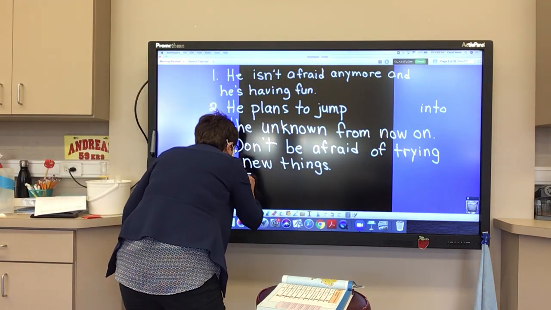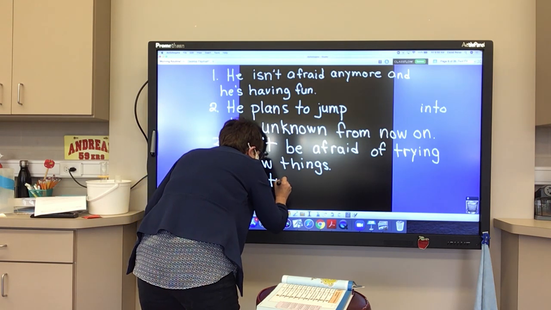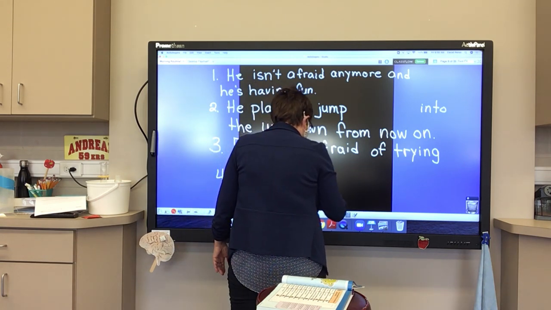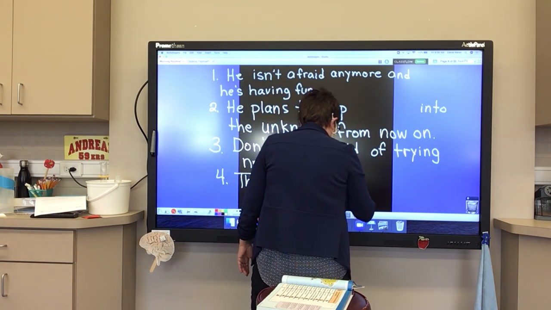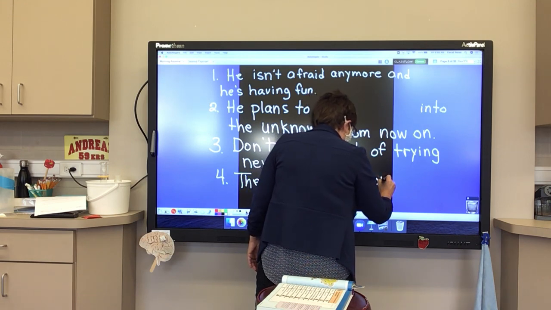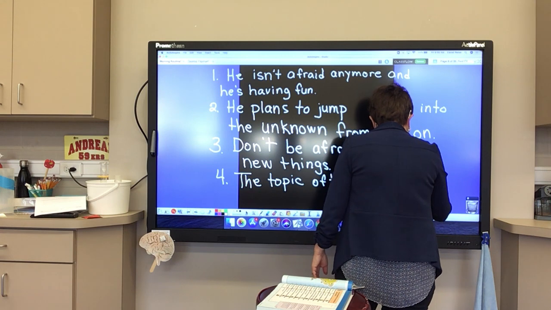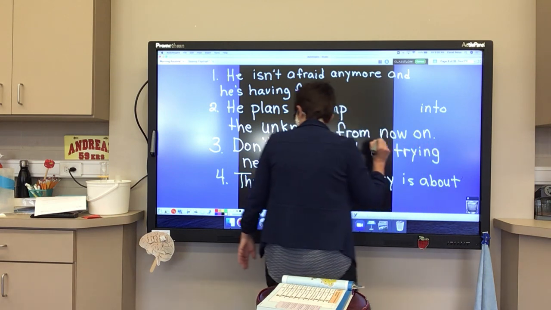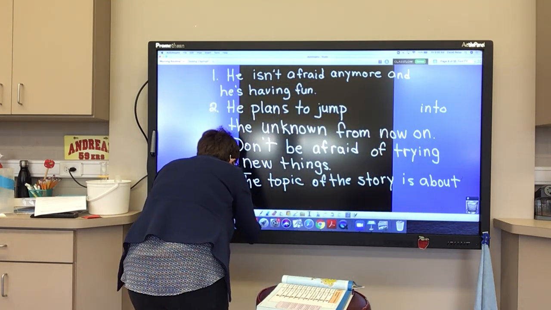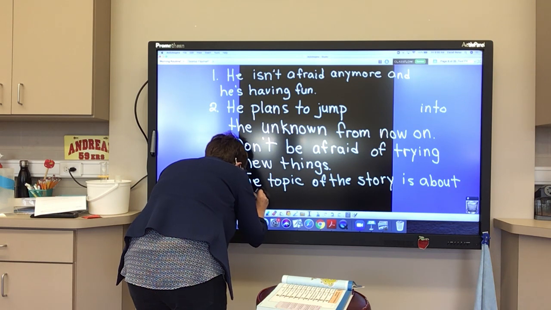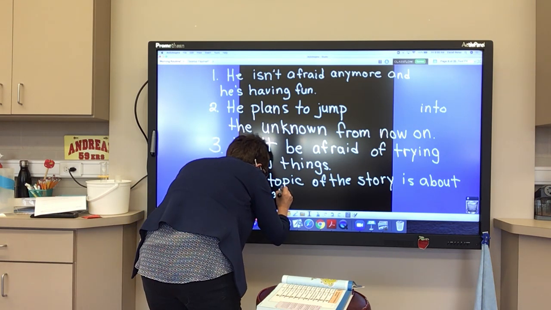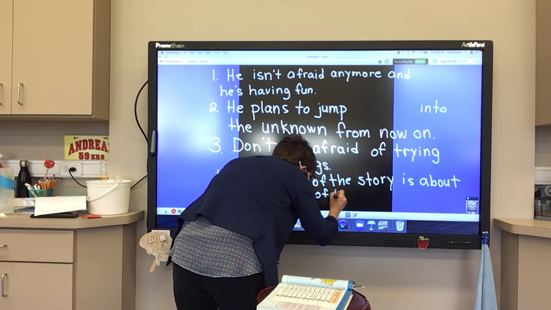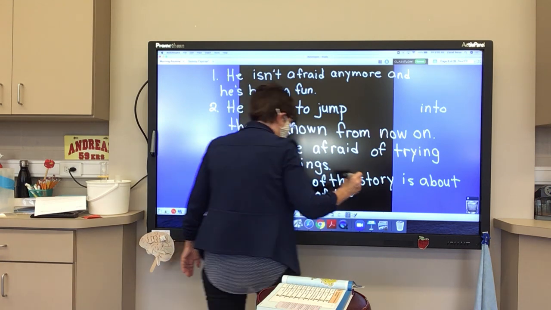So the topic of the story is, we'll say, about being afraid of the unknown. Because Scaredy Squirrel was afraid of the unknown.